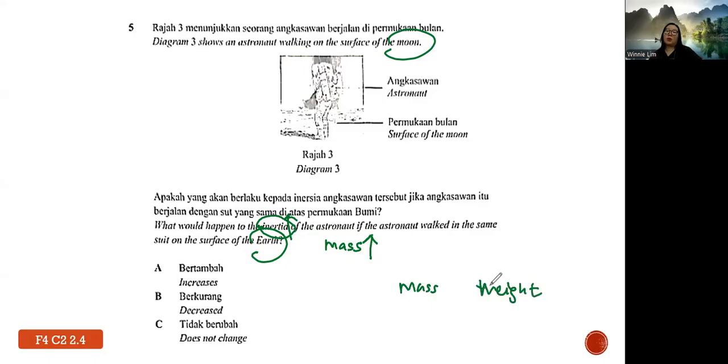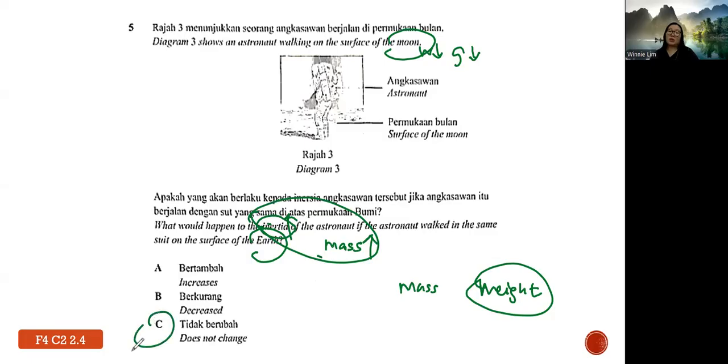So the astronaut will only have different weight at different surfaces, like on the moon, it will be smaller due to the value of g being small, right? So that's why the amount of mass doesn't change. Okay, so inertia and mass are directly proportional. So if mass is unchanged, inertia is also unchanged. So that's why the answer is C for this question.